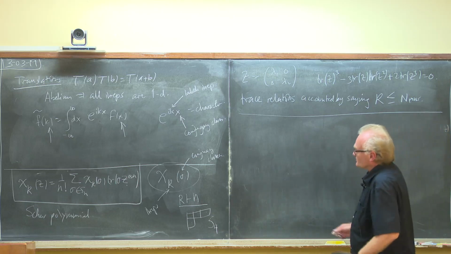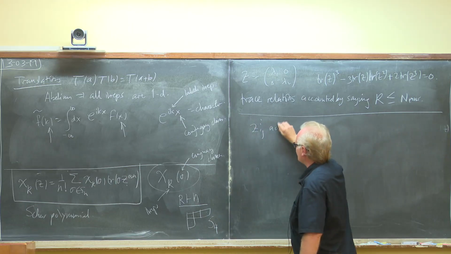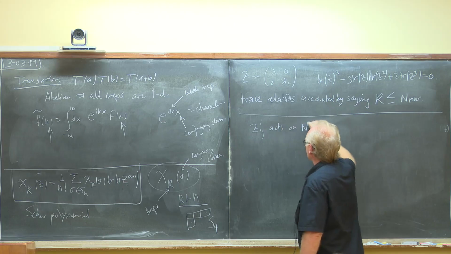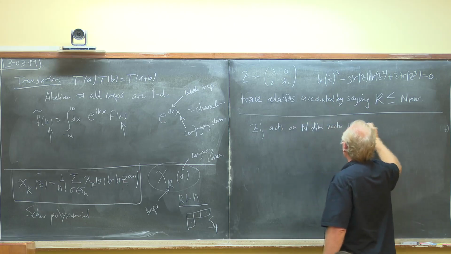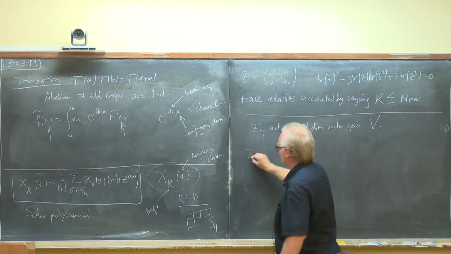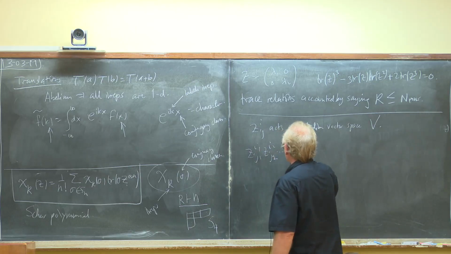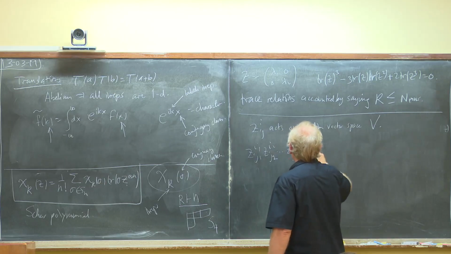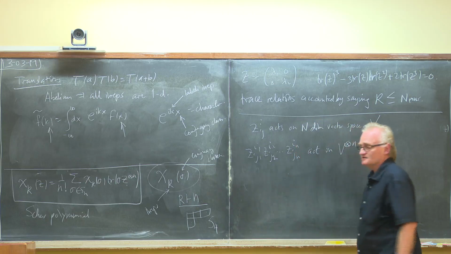So we already saw, let's say Z_ij acts on some N-dimensional vector space V. Then a tensor product of n copies will act on V tensor n.